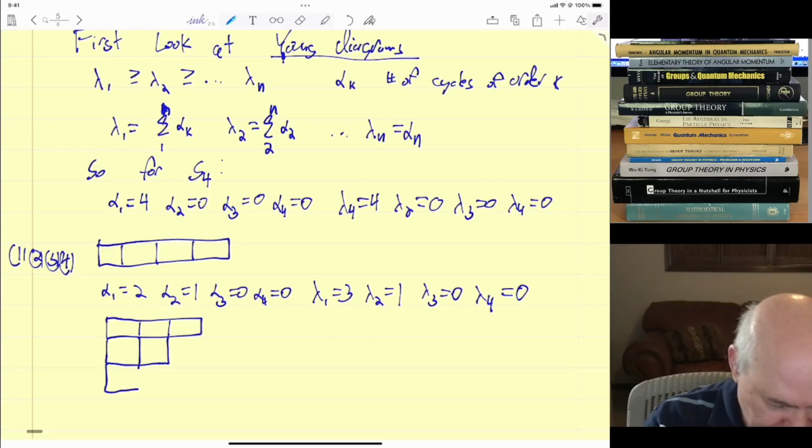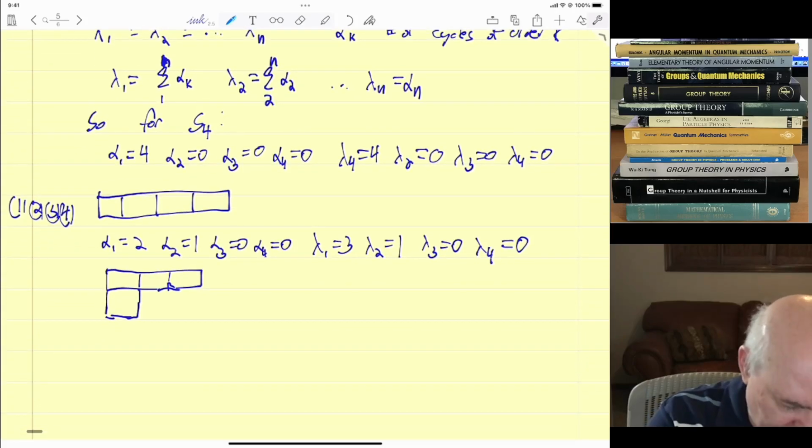I'm not doing this right. Lambda 1 is 3, lambda 2 is 1. No, we have no more boxes. And it's only 1. So this is the diagram that corresponds to a permutation which has a structure of 1, 2, 3, 4.